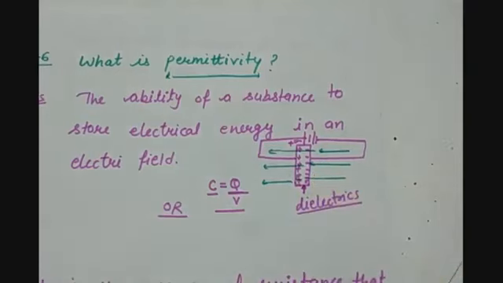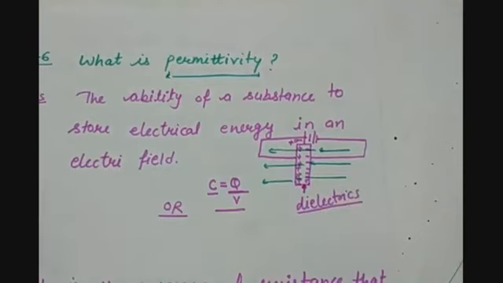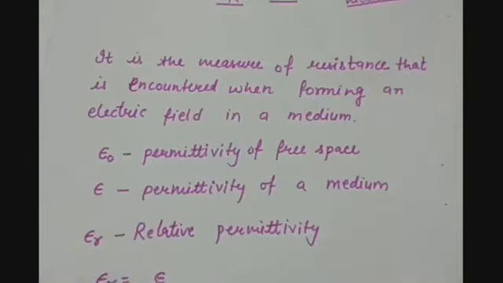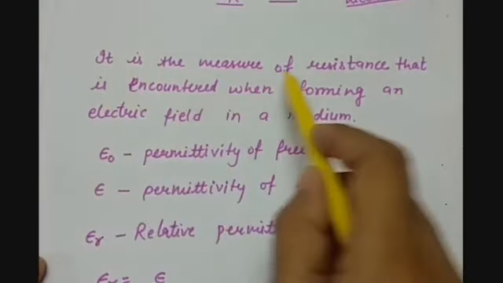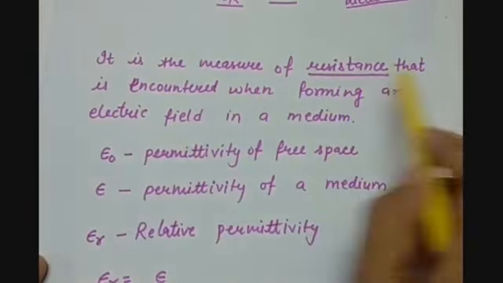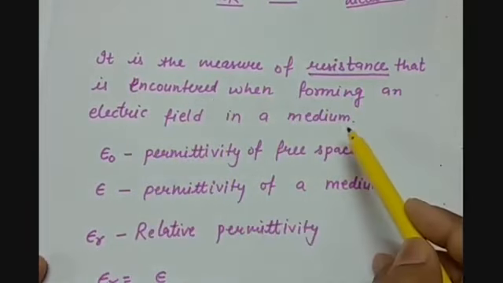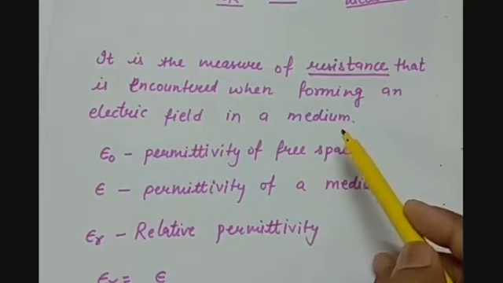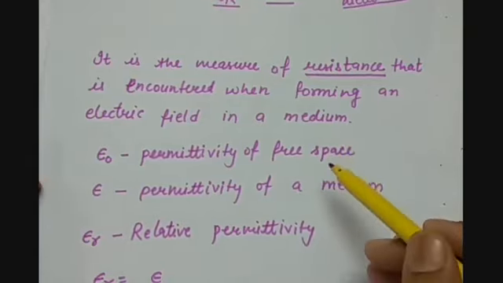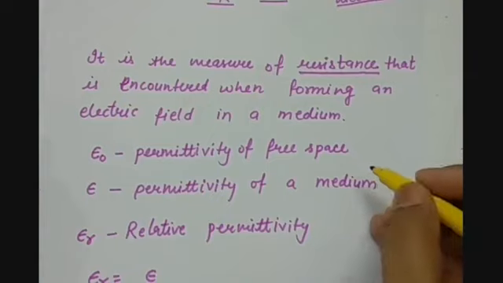We can have various definitions for permittivity. Another way to understand this is that it is the measure of the resistance that is encountered when forming an electric field in a medium, because it's nature's rule that every element in nature wants to exist in its original position.